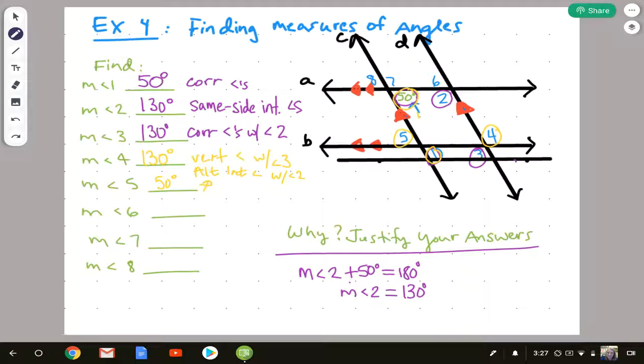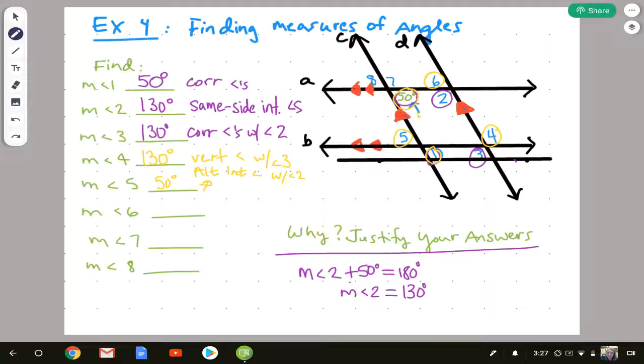All right, measure of angle 6 is here. A couple of ways you can get this one. The easiest one is to look at angle 6 and angle 2 and realize that those two together form a straight line, so they're a linear pair, which means angle 2 plus angle 6 has to equal 180. Angle 2 was 130, which means angle 6 would have to be 50.